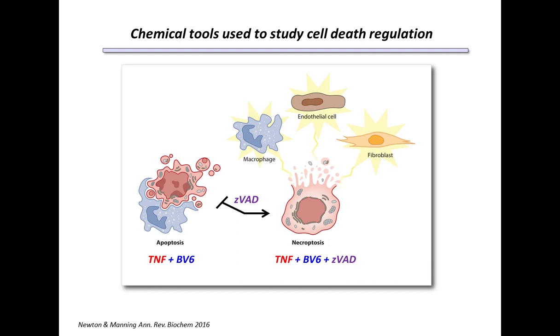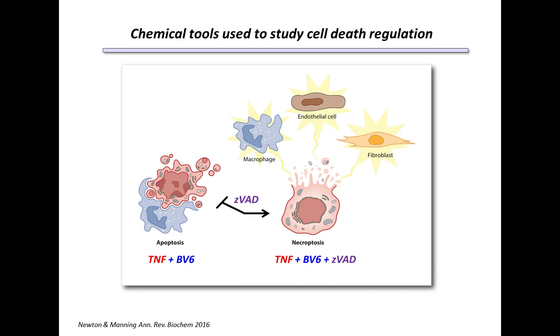Now, in the context of inducing apoptosis or programmed cell death that's regulated by caspases, for this talk, what I want to do is talk about apoptosis that's induced by treating cells with tumor necrosis factor plus the BB6 molecule that I showed you a moment ago, a combination that we'll call TB.